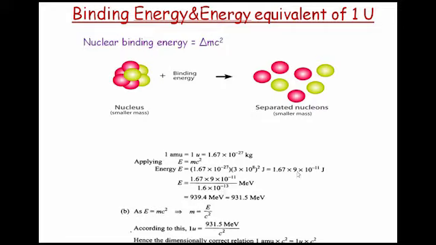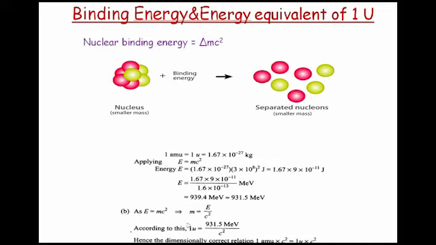So in order to convert energy in joule into MeV, we have to divide it by 1.6 into 10 raised to minus 13. So you will get approximately 931.5 MeV. So this is the energy corresponding to 1 U.